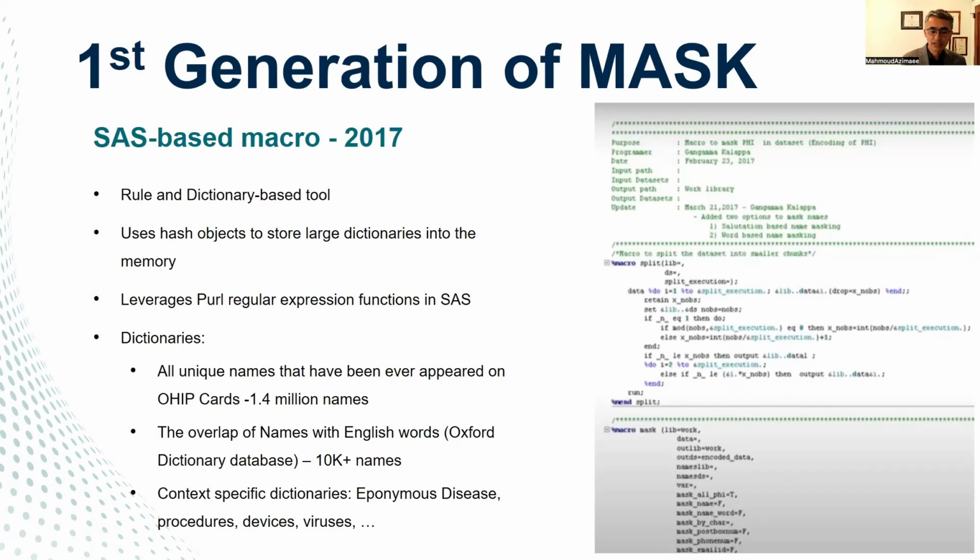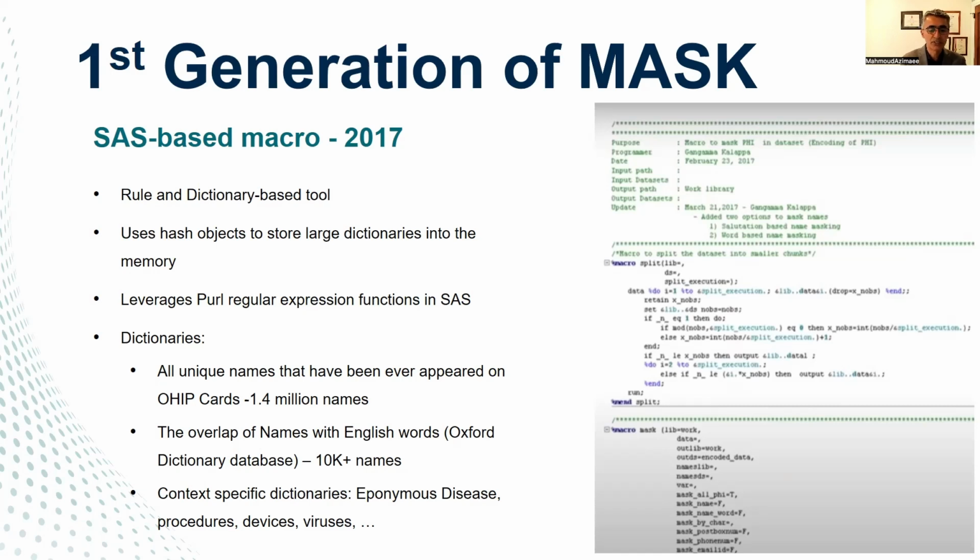For the dictionary, for that version of the tool, we used all unique names that have ever appeared in the Ontario Health insurance card. And we found 1.4 million different names in Ontario for the past 30 plus years. And we also found the overlap of those names with regular English words.